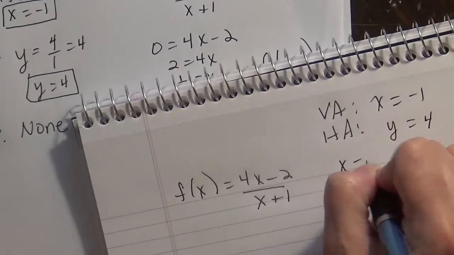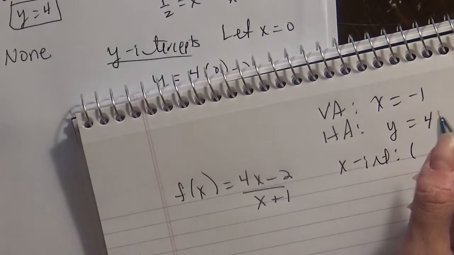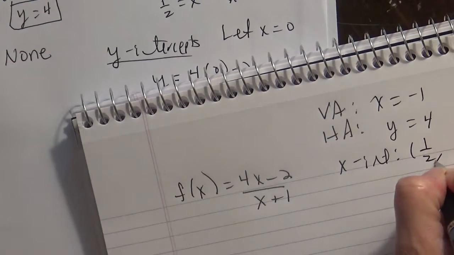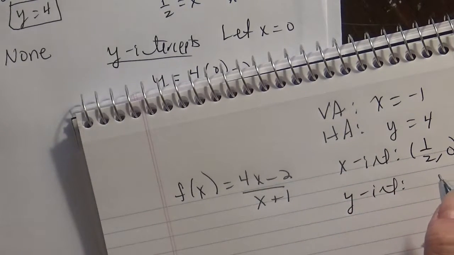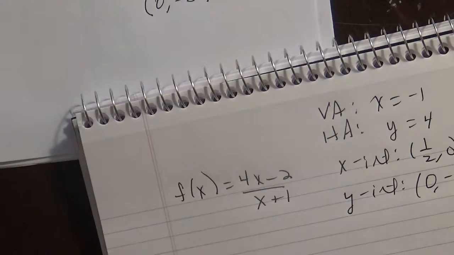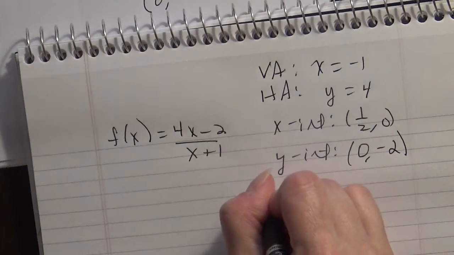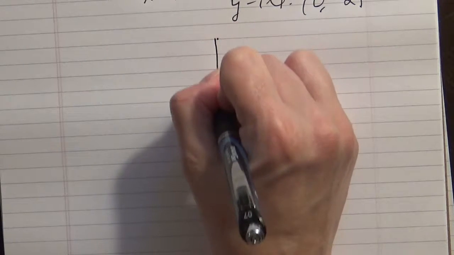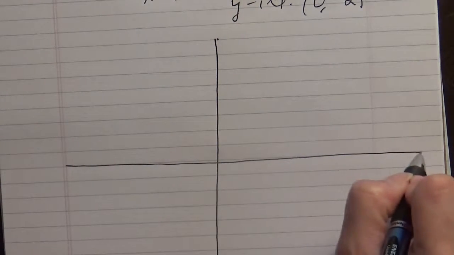We found an x-intercept at 1/2, 0. We found a y-intercept at 0, negative 2. Now, with this information, let's see what we can do with our graph. So I'm going to draw a picture here. Make it kind of big because I'd like to have plenty of space to work with.